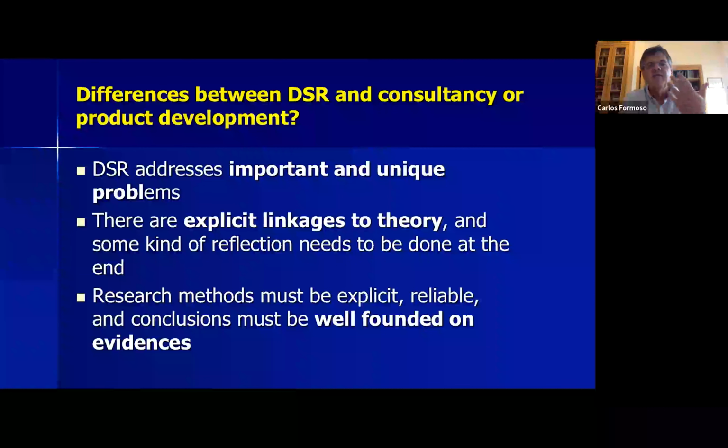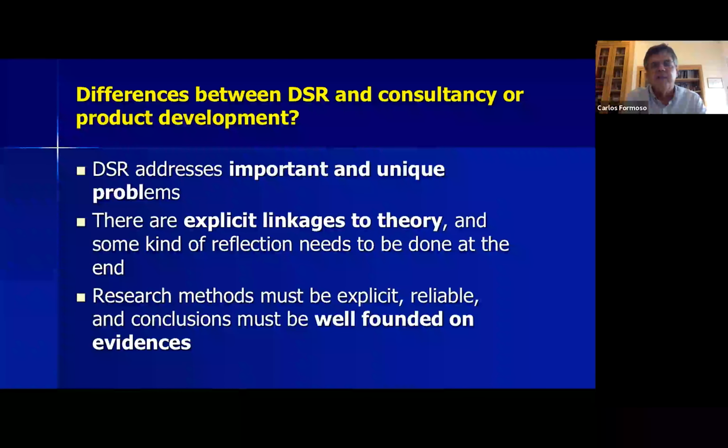It needs to have some kind of abstract thinking, right? And the solution, as I mentioned before, is for a wide range of situations. It's not for a specific company, a specific project, a specific design. And the other difference is that research methods must be explicit, reliable, and conclusions must be found on evidences.